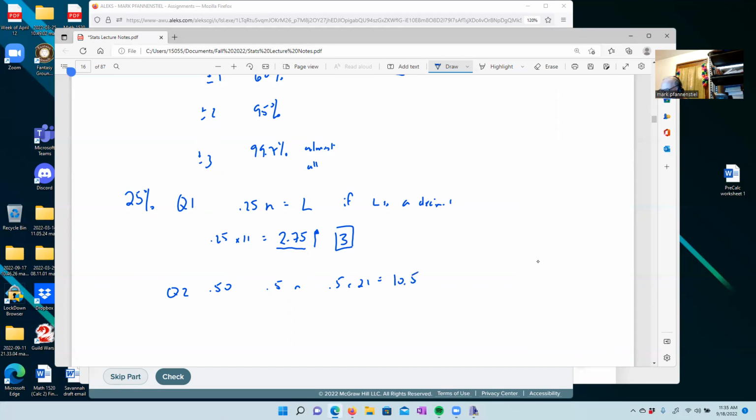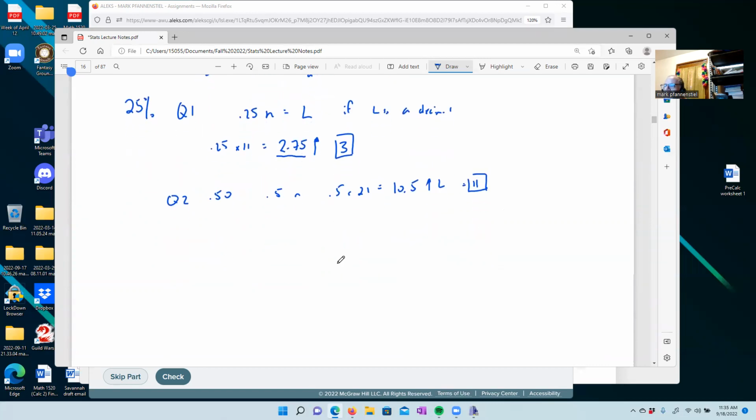So the L number is going to be 10.5. Since it's not a whole number, we're going to boost it. We want the 11th thing in your list. That's how we're doing the medians in this section.